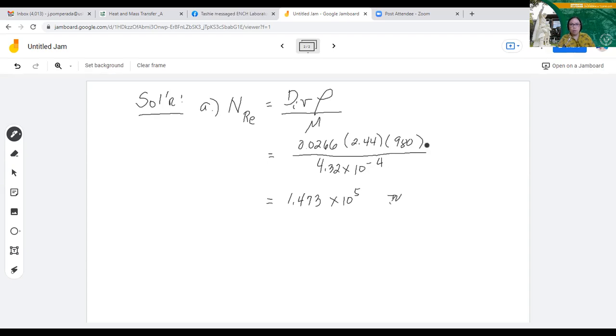Okay, the flow is turbulent. So we conclude that the flow is turbulent. We know also from the previous lesson that if the flow is turbulent, the dimensionless number that we're going to use is the Nusselt number.